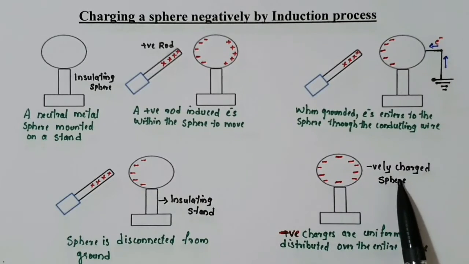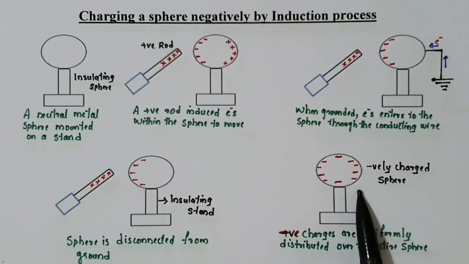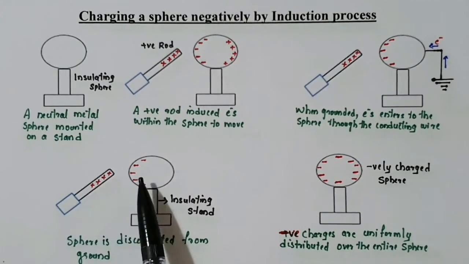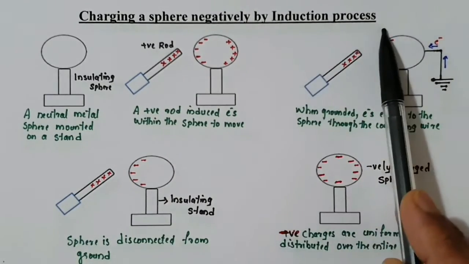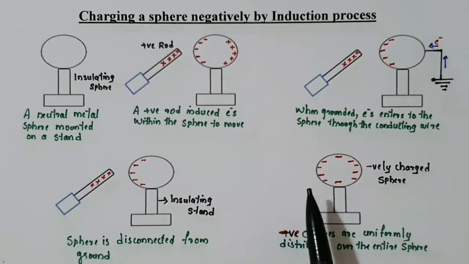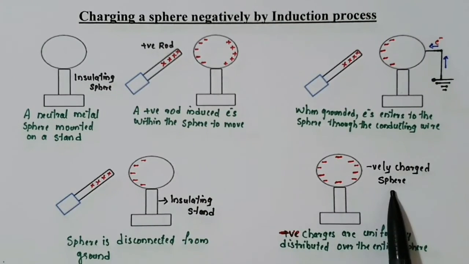Thus, we get a negatively charged metal sphere. Here also, the metal sphere acquires a charge which is opposite to the charged object, and no transfer of charges takes place between the rod and the conductor. So this is the induction process, and through this process we can produce a negatively charged conductor and a positively charged conductor.